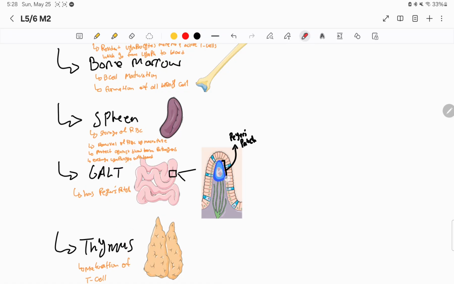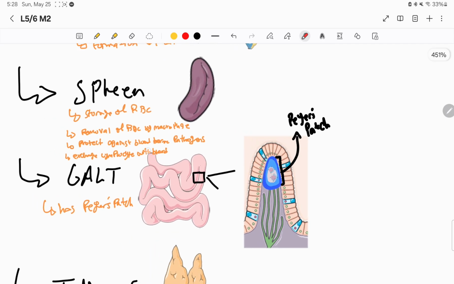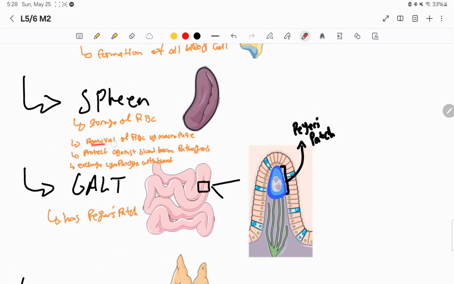Okay, there is another one called the spleen. The spleen is really good at removing old, worn-out red blood cells with the help of these macrophages. Macrophages that sit inside of this area just eat up those old red blood cells, right? Because remember, they live 90 to 120 days. So they have to be removed somehow, and that's done by these macrophages.